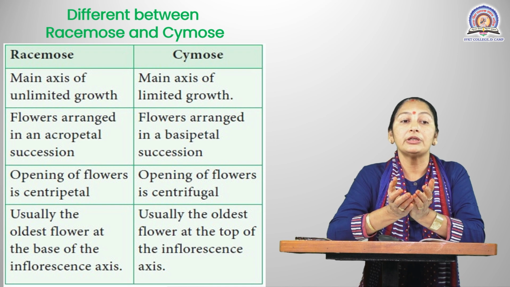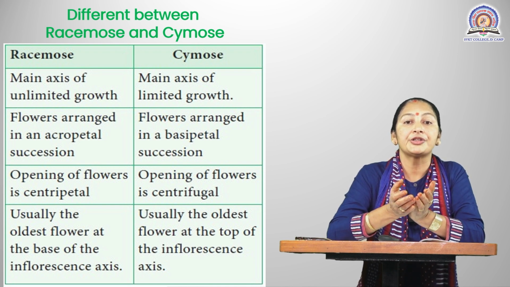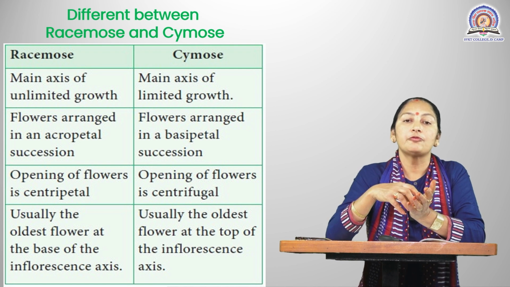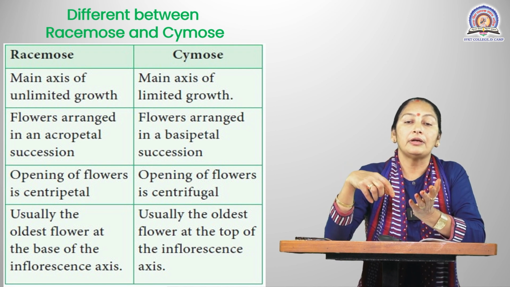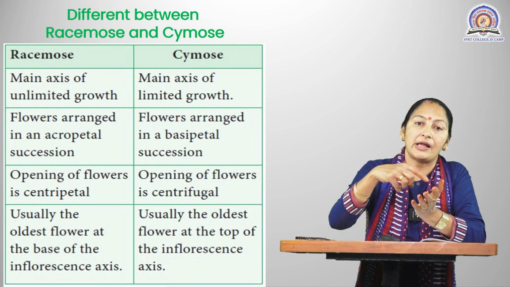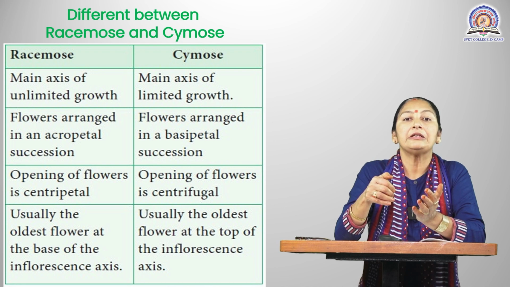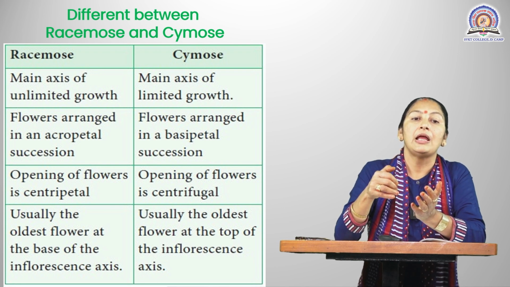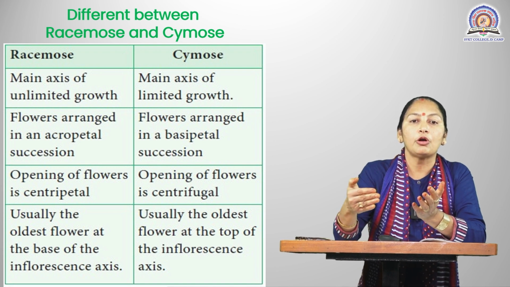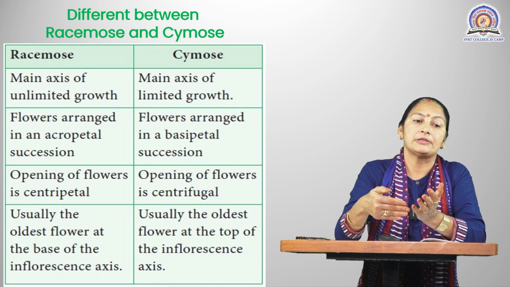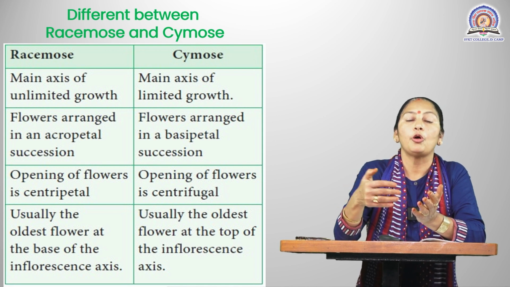These are also the racemose type of flowers. The older flowers are arranged centripetally. On the peripheral side of the sunflower, all the older flowers are arranged in the peripheral region, and in the central region the younger ones or the buds are present. That's why this arrangement of the flower is known as the centripetal succession or the centripetal opening of the flower.